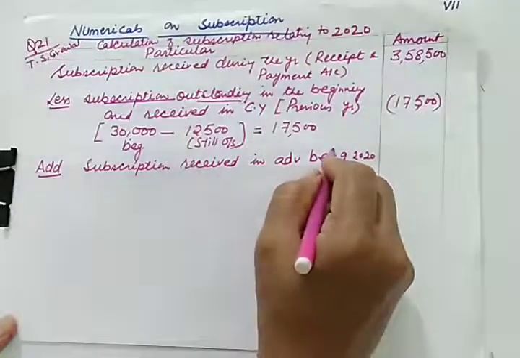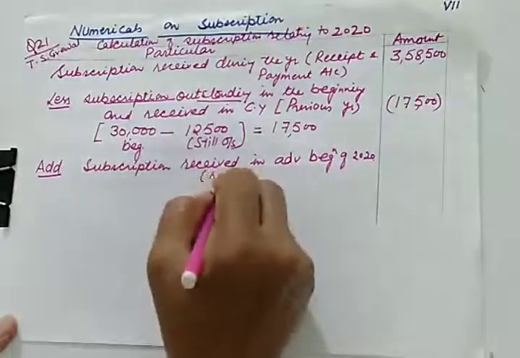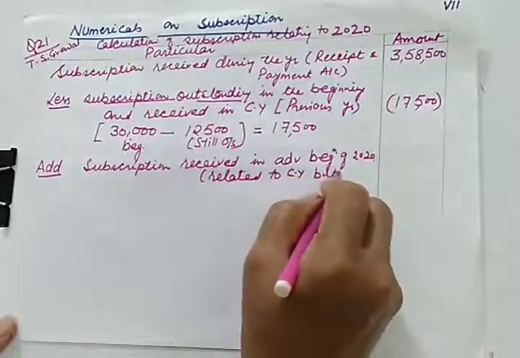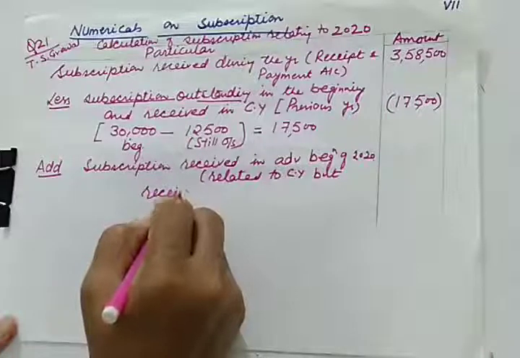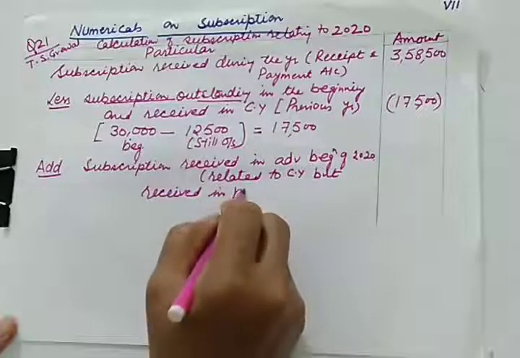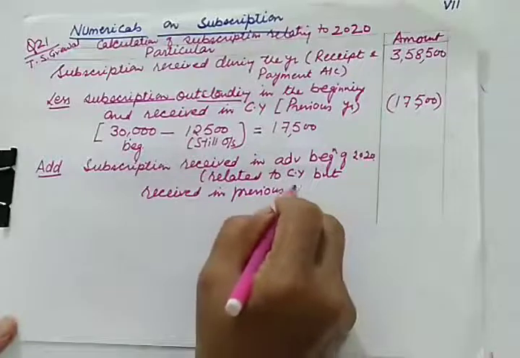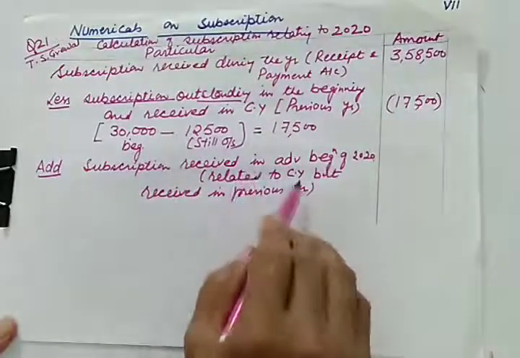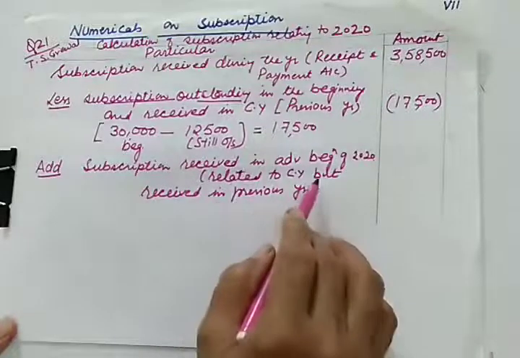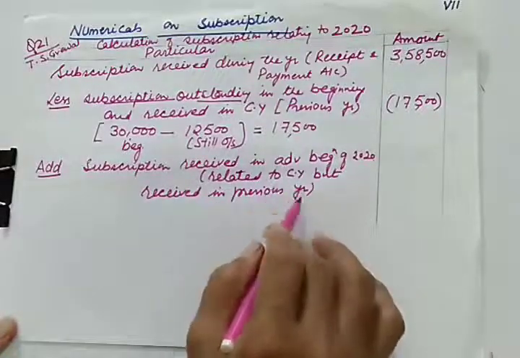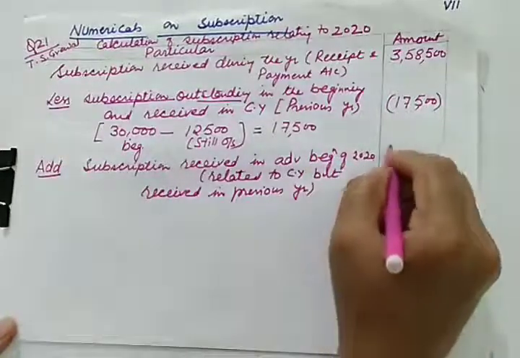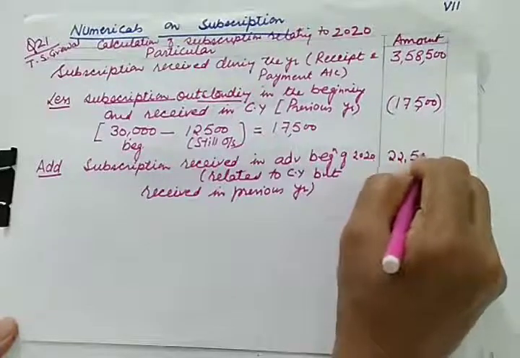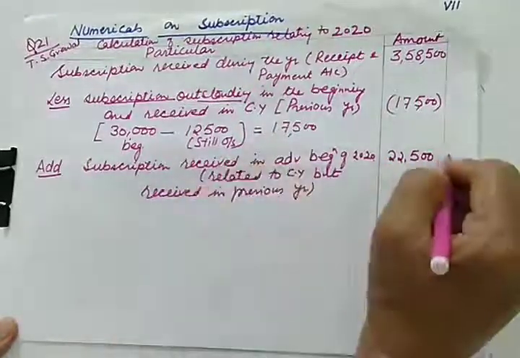So in the beginning of 2020 it is related to current year, though we can say that it was received in previous year. You don't have to specify all these things, but you can simply say that it is related to current year; I am writing it like this because I want to teach you. So this is 22,500 because it is related to current year.